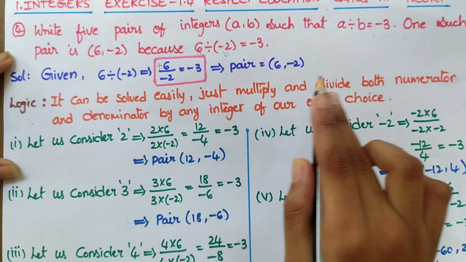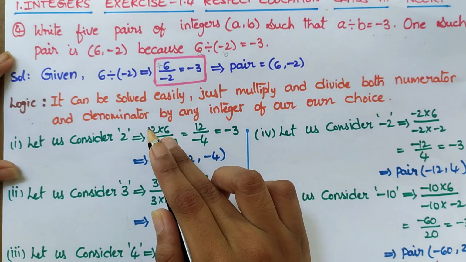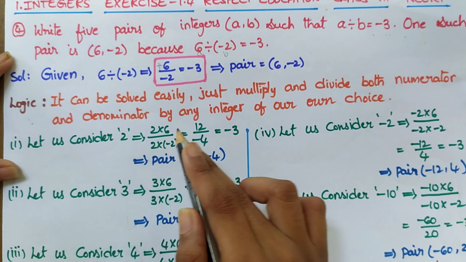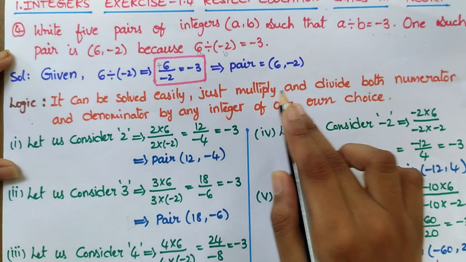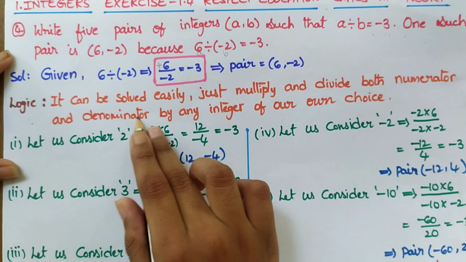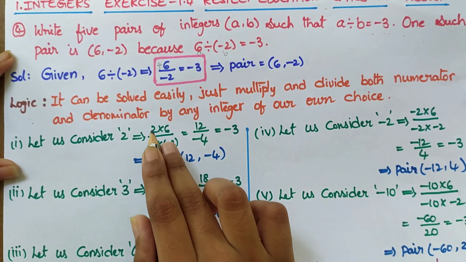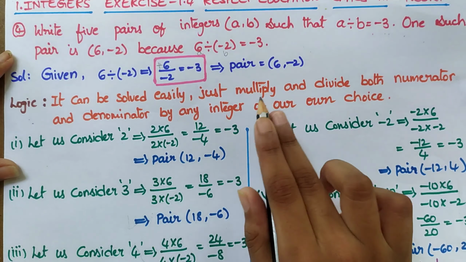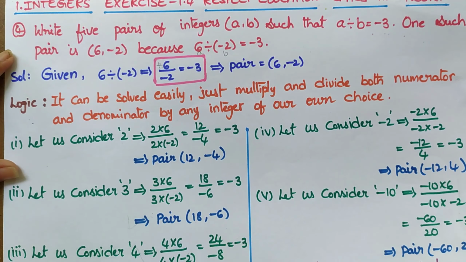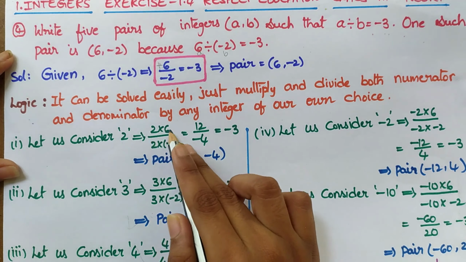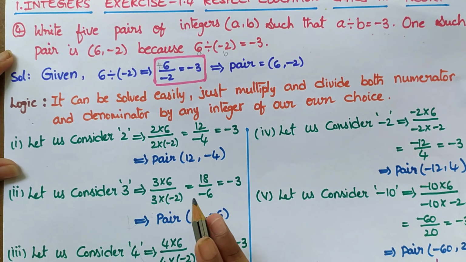See, I have multiplied both numerator and denominator with 2, an integer of our own choice. So 2 into 6 by 2 into minus 2.